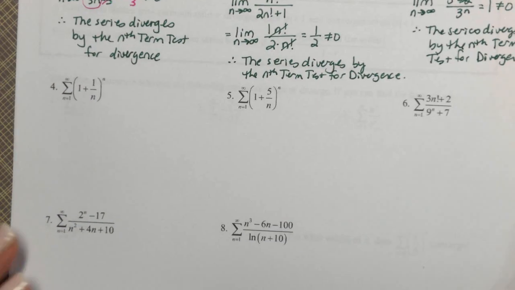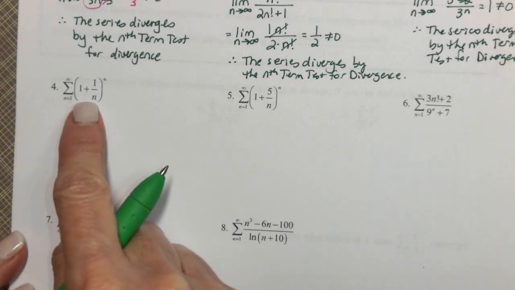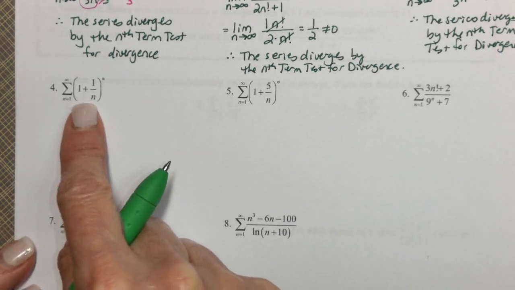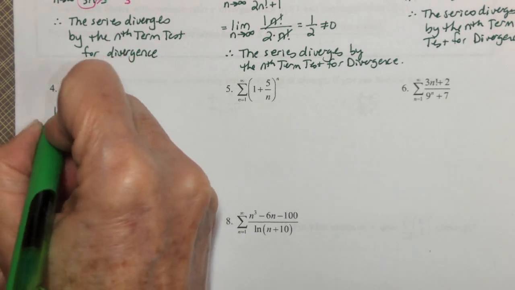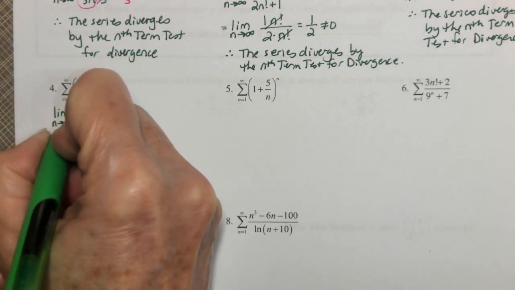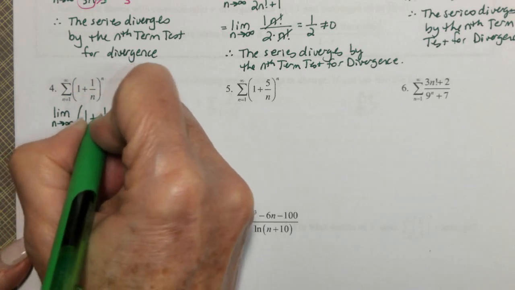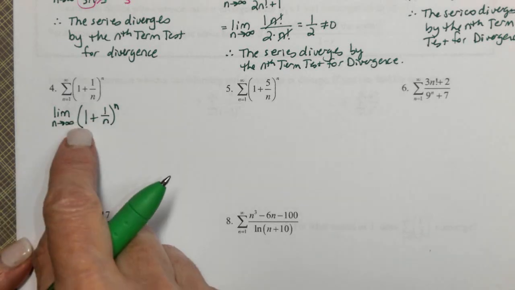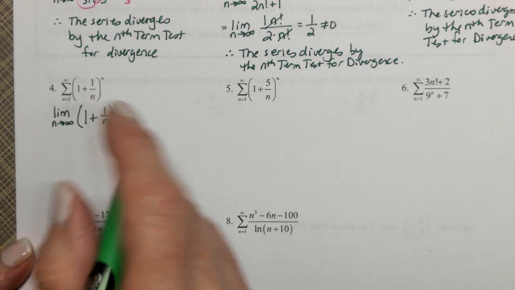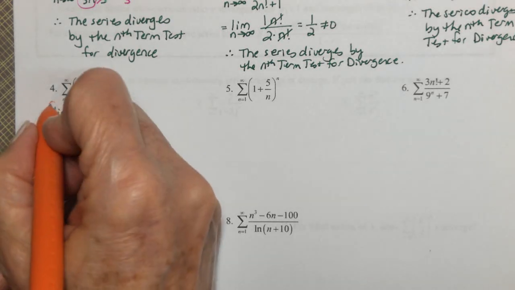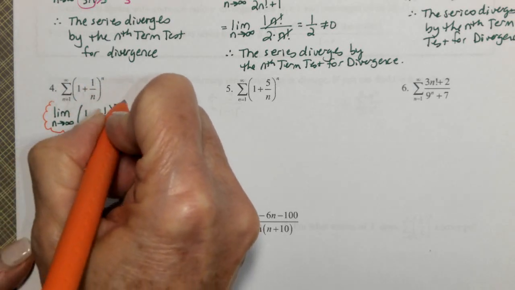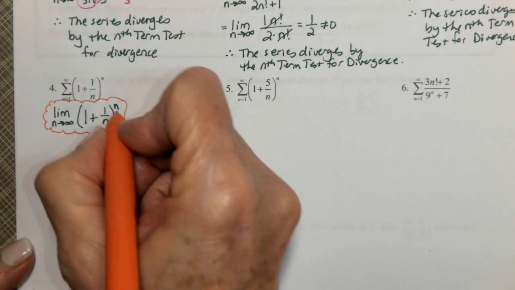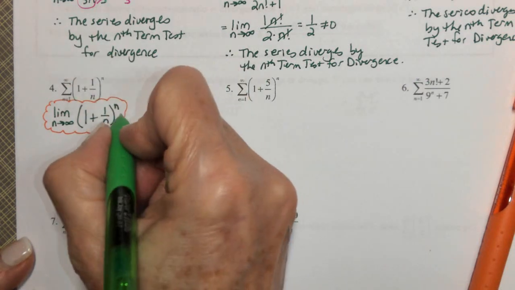Next up, this one. Well, limit as n goes to infinity of 1 plus 1 over n to the n. What is that limit? We know from our study of L'Hopital's rule that this is one we have to recognize. I need you to recognize this limit. When you see it, I need you to recognize that that is e.